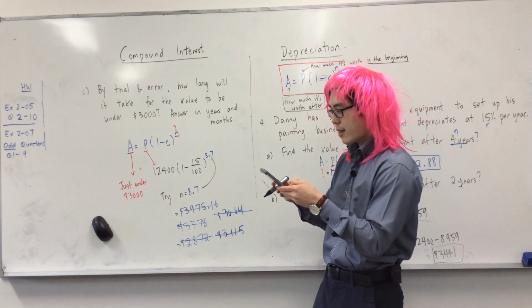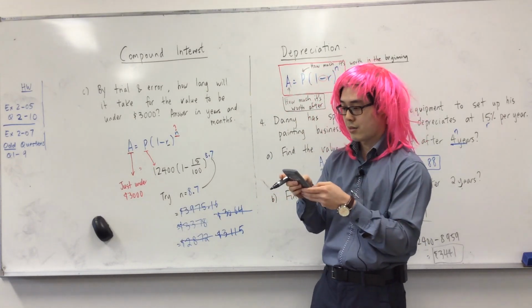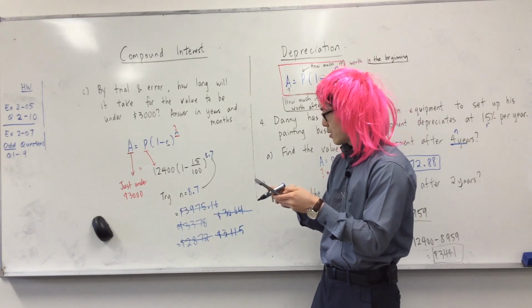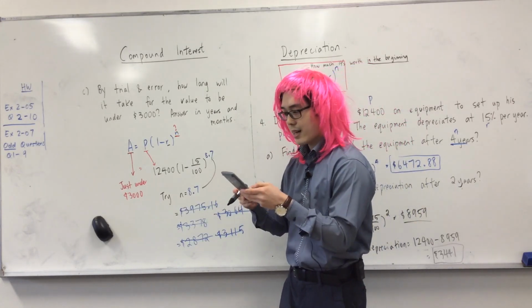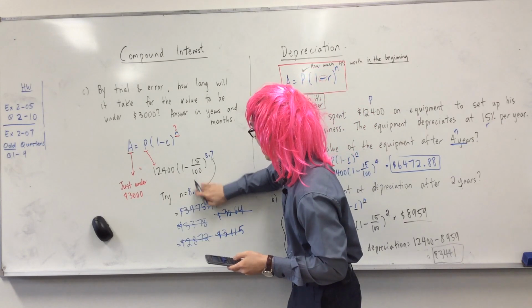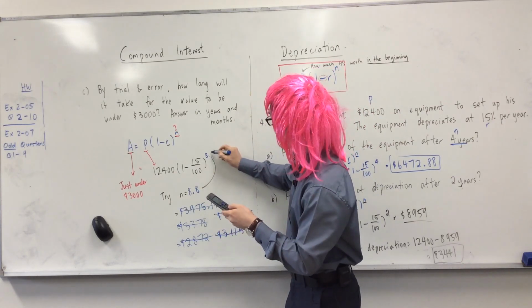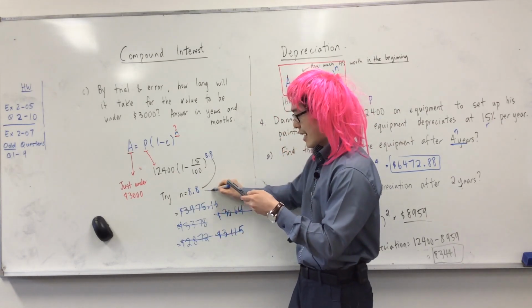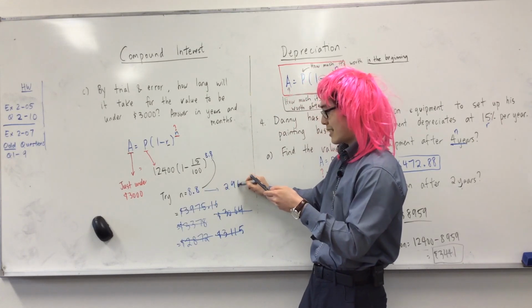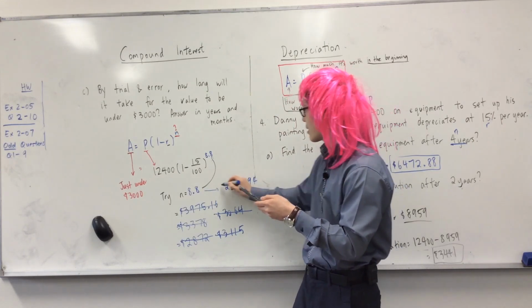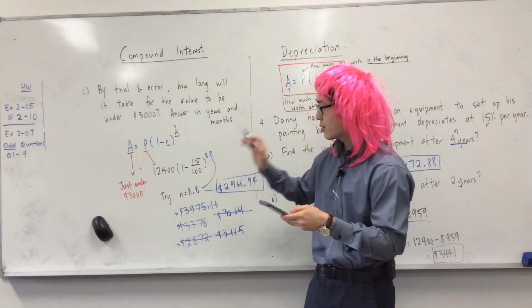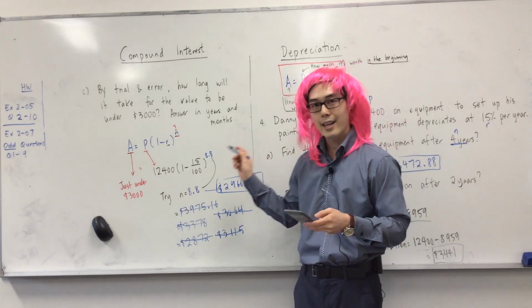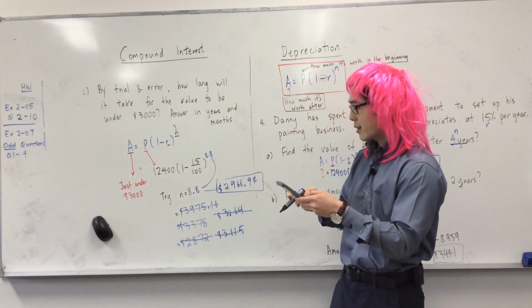If I try that, no, it's not. You know what? It's not 8.7 either. It's actually 8.8. If I put in 8.8, that gives me $2,966.94.